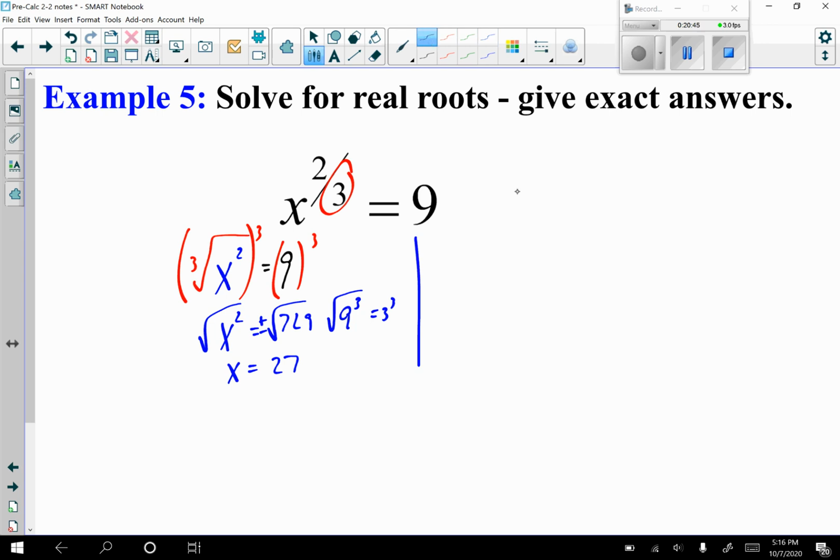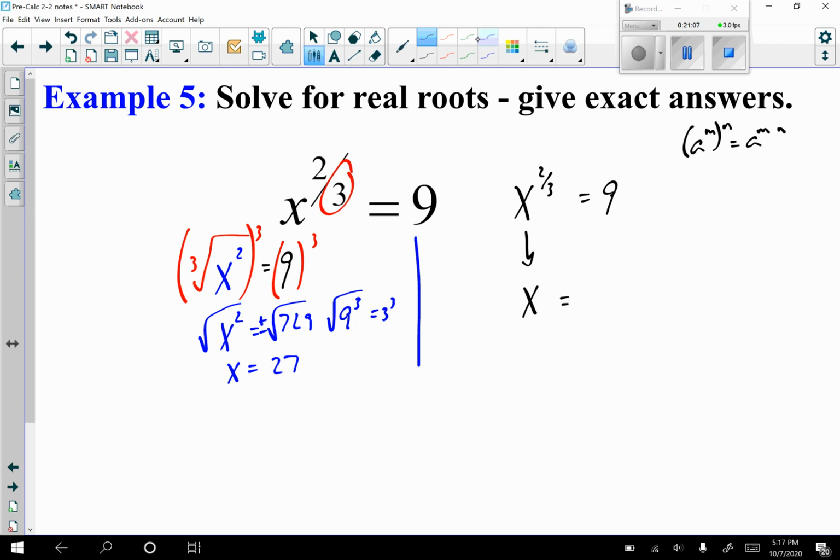So x to the 2/3 equals 9. Remember what we want. We want x equals, which means x to the first. Well, we know this property that says a to the m power raised to the n power is, when we multiply those powers, a to the mn.